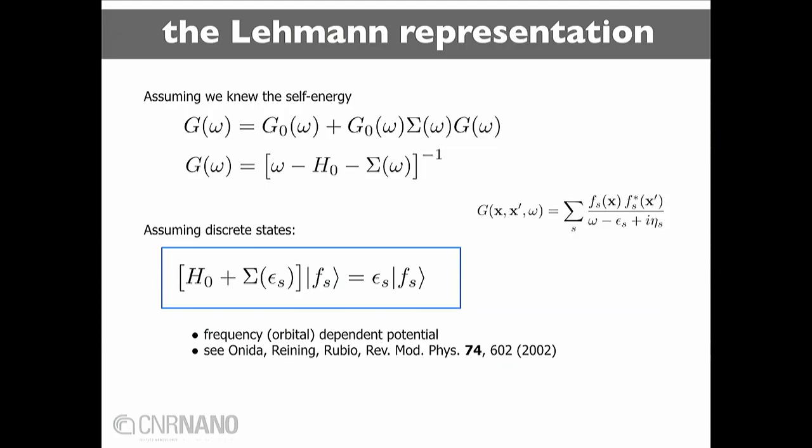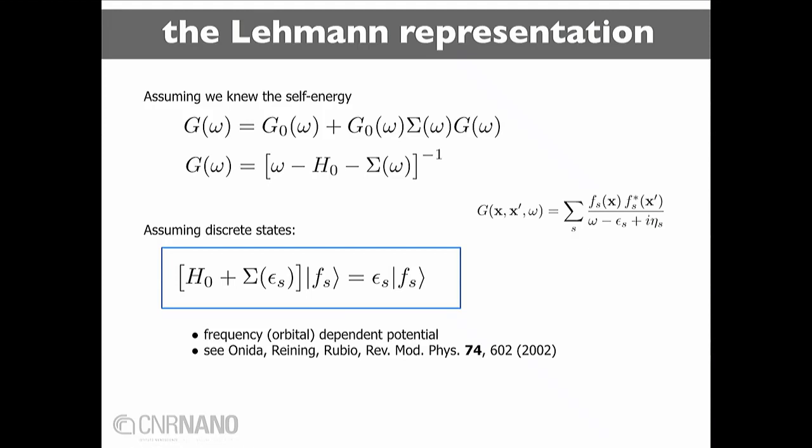But in principle, we could use any reference Green's function, paying attention then to get rid of the extra potential we use here. But this is just a side comment. This is an exact equation for the Green's function that can be computed if we know the self-energy.